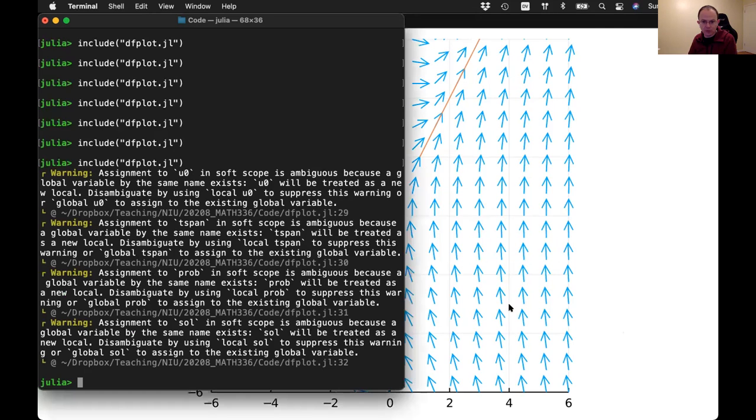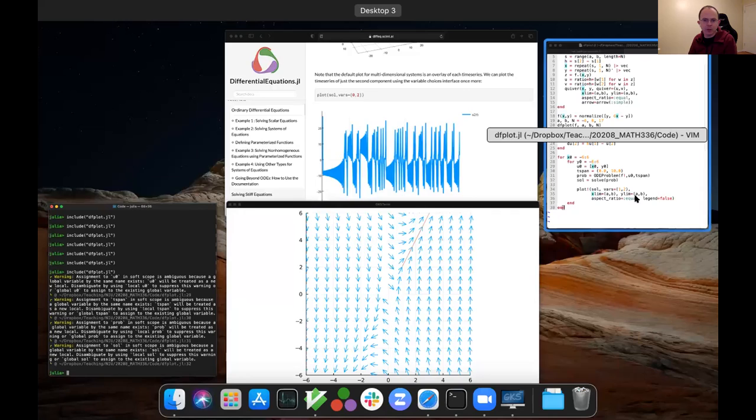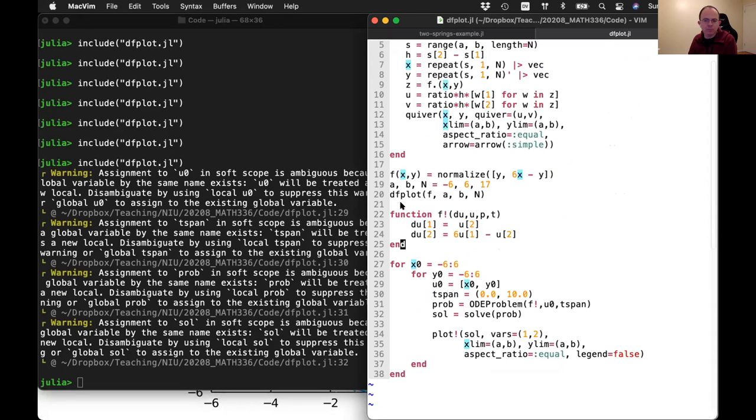Let's see. So there is maybe a problem here. We'll do plot. So that's our plot. And then down here, I want to display the plot.